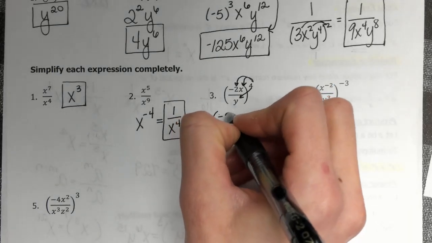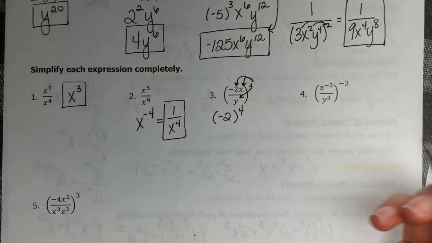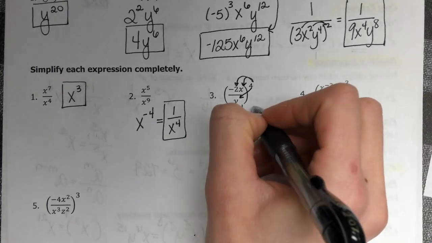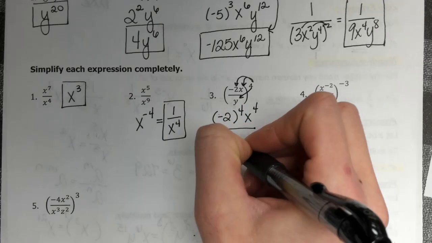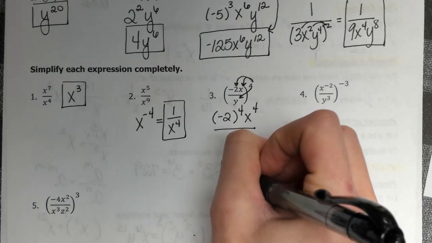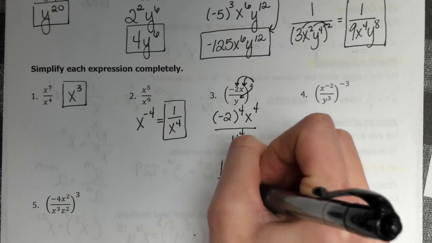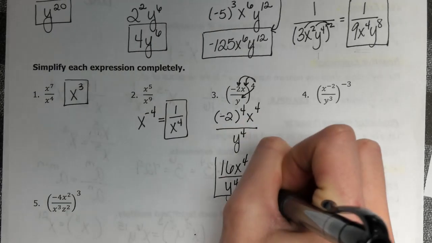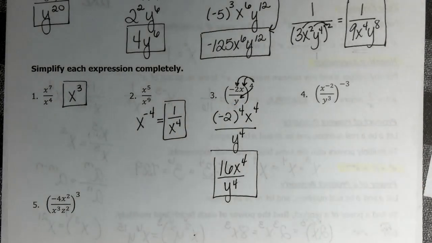So I've got negative 2 in parentheses to the 4th, x to the 4th over y to the 4th. What is negative 2 to the 4th? 16. So 16 x to the 4th over y to the 4th. Be careful with that. If you did not type it in parentheses, you would get a negative 16, which is wrong. Okay?